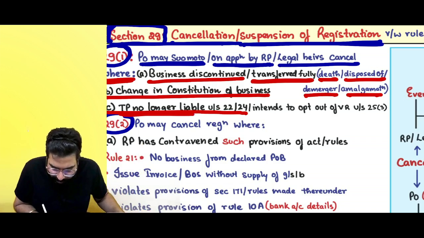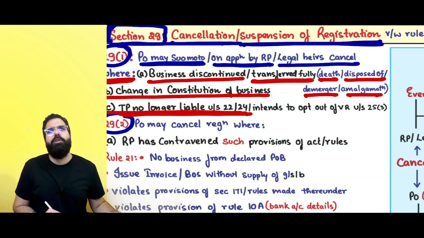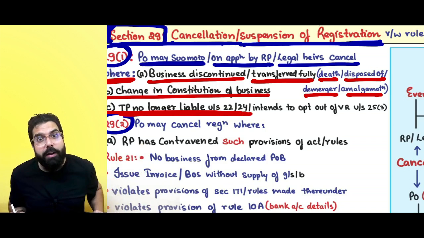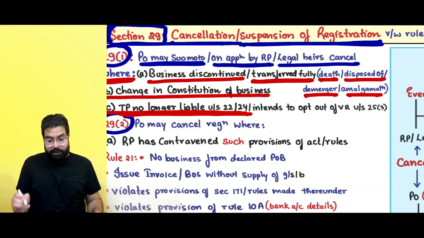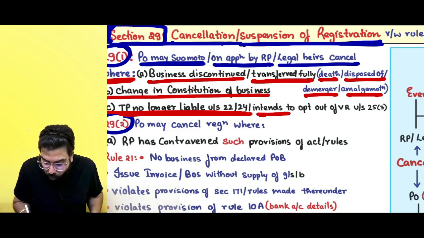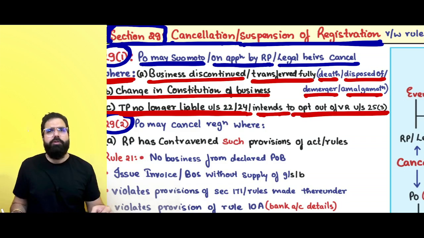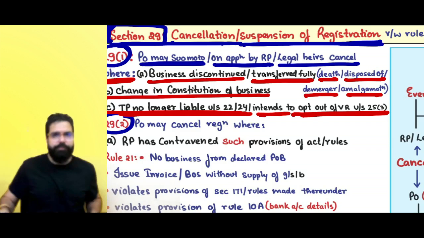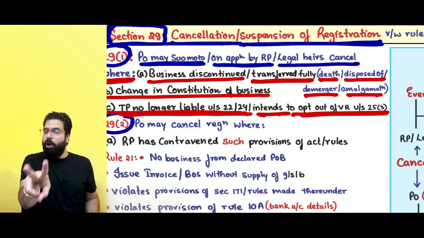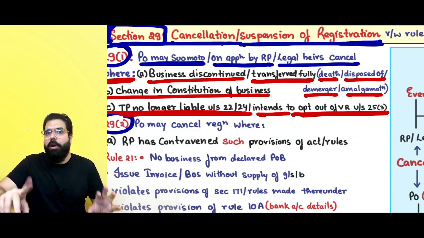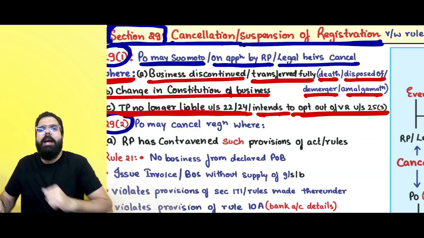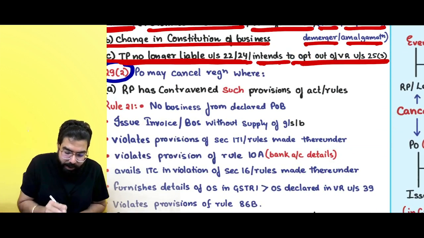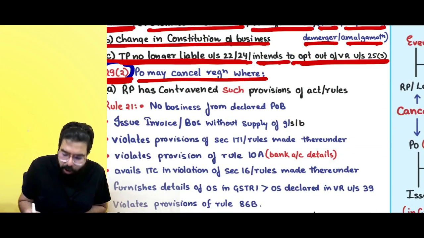So it says taxable person no longer liable under section number 22 or 24, or you became a bakra, you took voluntary registration and now you are telling that, sir, I want to cancel, intends to opt out of voluntary registration, then also you can apply for cancellation. Okay, sir, point is clear. When either proper officer or you yourself, or when somebody dies, the legal heir can apply for cancellation. Section number 29.2 says PO may cancel the registration.